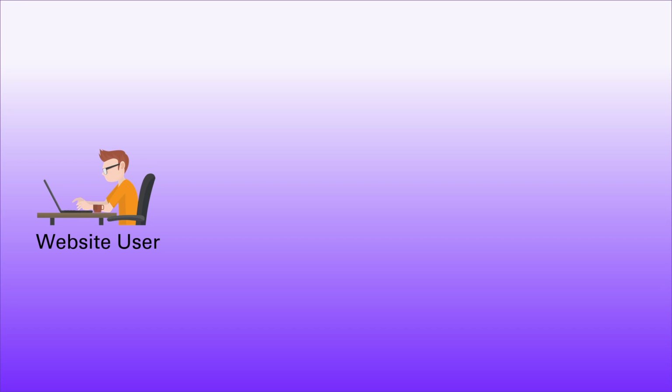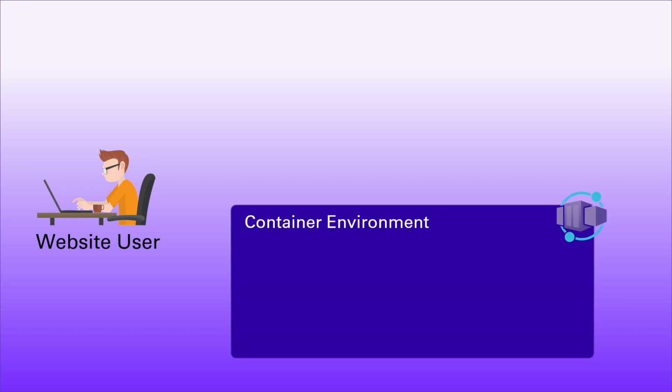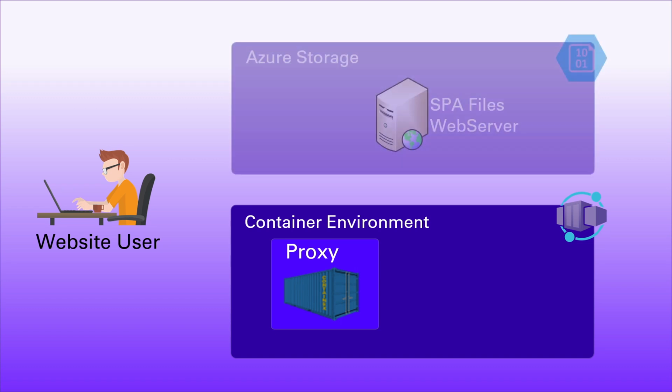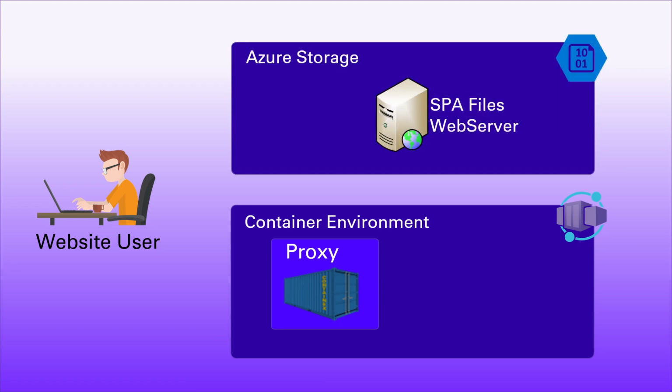In terms of our application, we've got the end user of our website, and what we could do is set up our container environment inside of Azure, and we can deploy a proxy container. Now we'll get to what this really is under the covers, but we can deploy a proxy, and alongside that we can use Azure Storage and deploy our front end of our application at least. Once we've generated our static files, we can deploy that into Azure Storage, and Azure Storage provides us with a web server mechanism that we can use to serve that out to the internet.